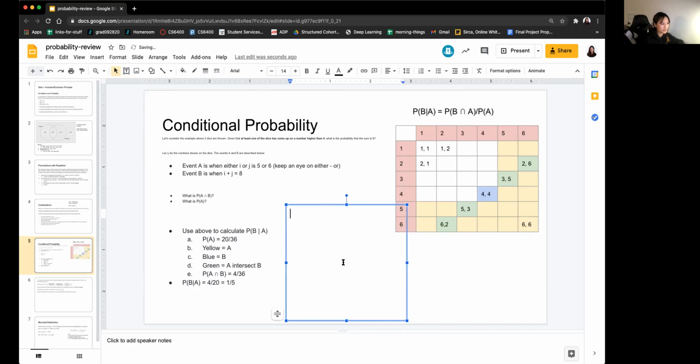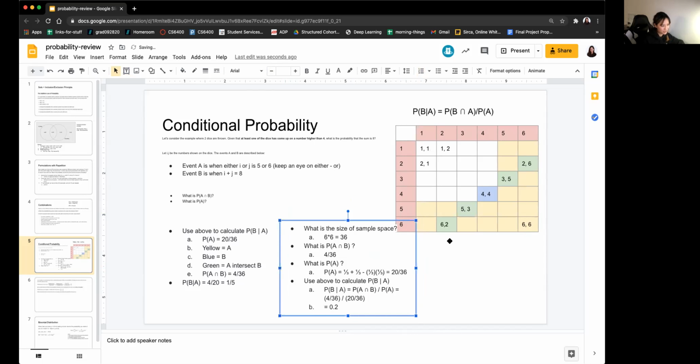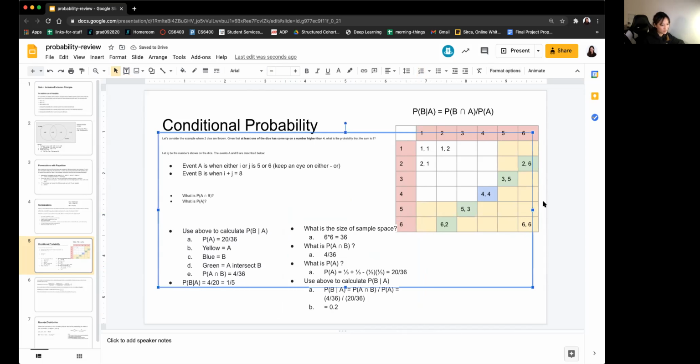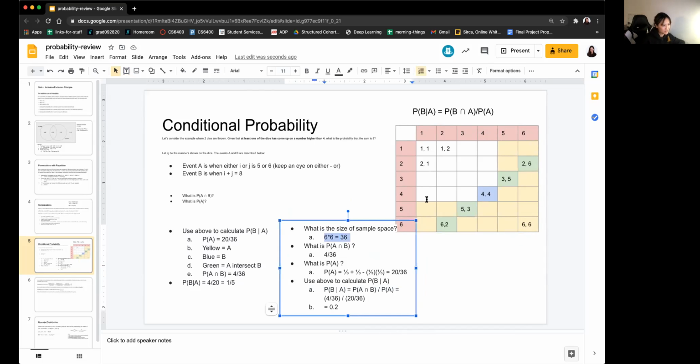Cool. So ways that you can break this problem apart, just to talk about some of the traditional ways of going about this. Size of the sample space, we have 6 times 6. Probability of A intersect B, we figured this out from here. The part that was mainly difficult for people to figure out, I think, was calculating this 20 out of 36. This part is hard because you are actually using the inclusion-exclusion principle here, which I think some people get tripped up over.